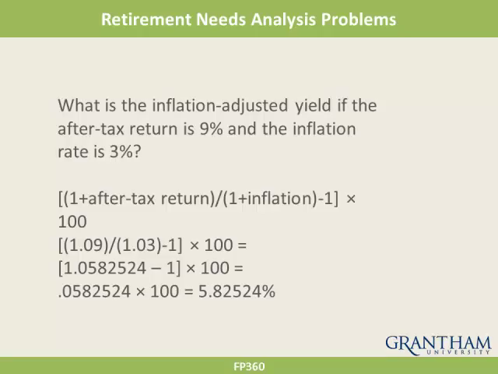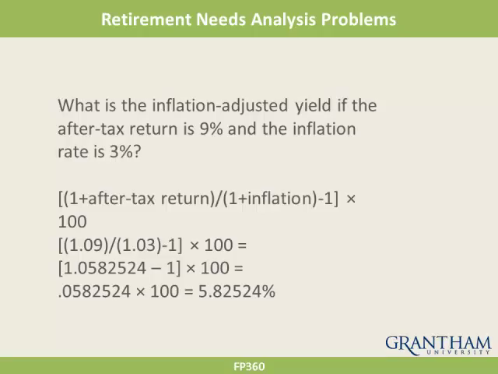The formula is 1 plus the after-tax return, but as a decimal. So 1 plus 9% is 1.09, and then divide that by 1 plus the rate of inflation as a decimal, 1.03 in our example. So we divide that out, subtract 1 from the answer, and then multiply by 100 to convert it back to a percentage.